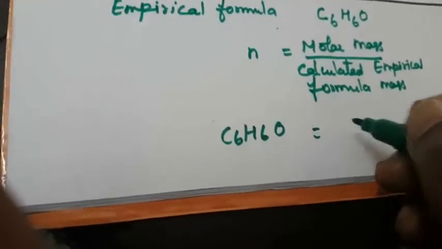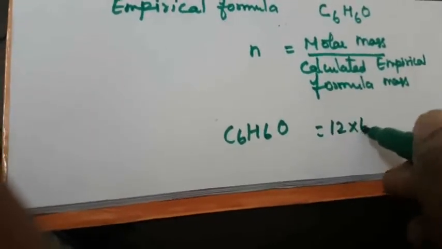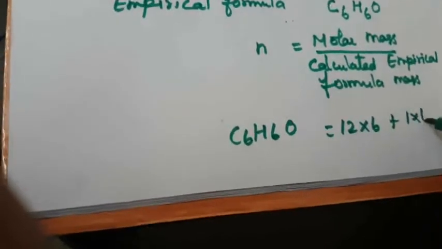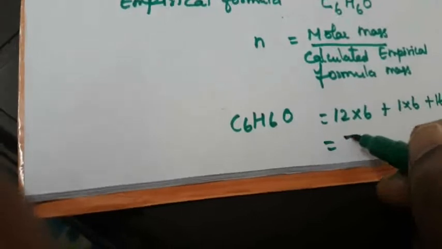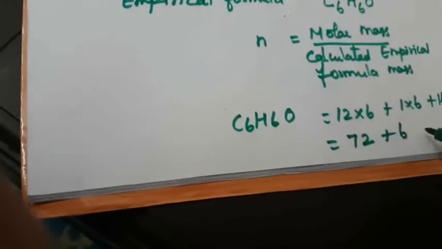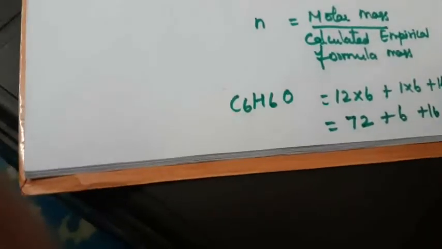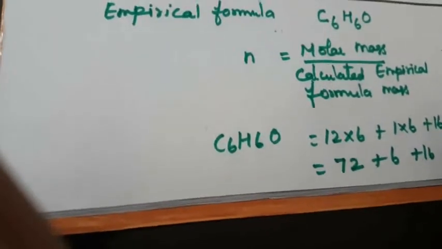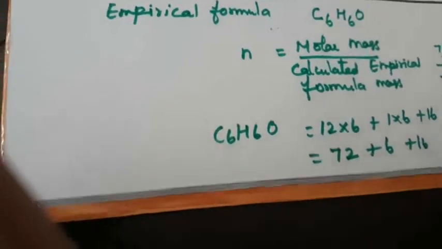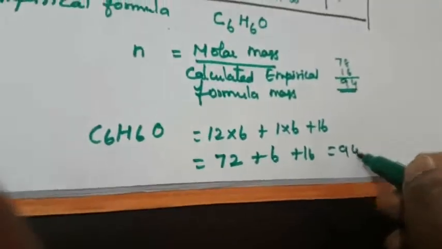C6H6O: carbon is 12 into 6 plus hydrogen 1 into 6 plus oxygen 16. 72 plus 6 plus 16. What is that answer? 78 plus 16, that is 94. Okay, so the empirical formula mass is 94.